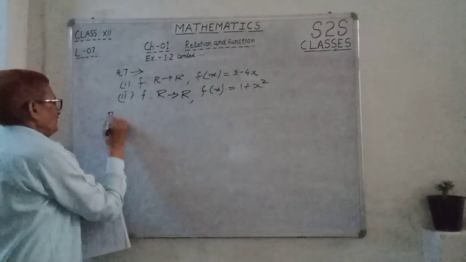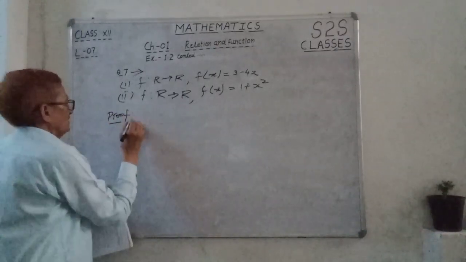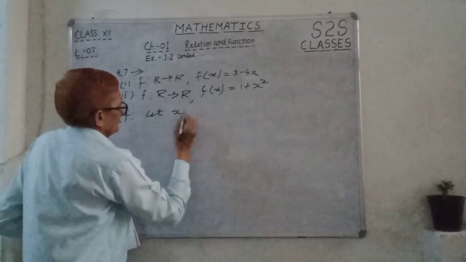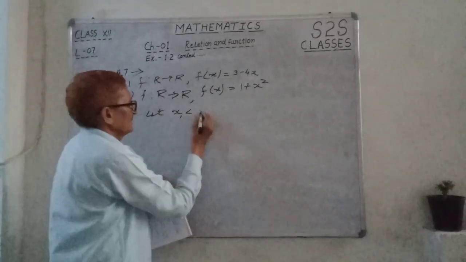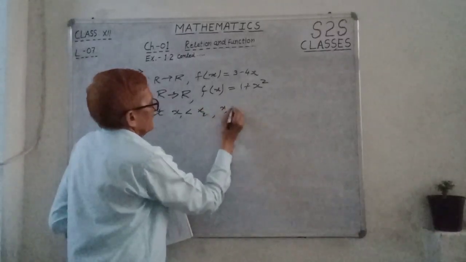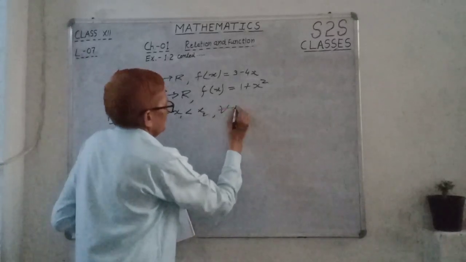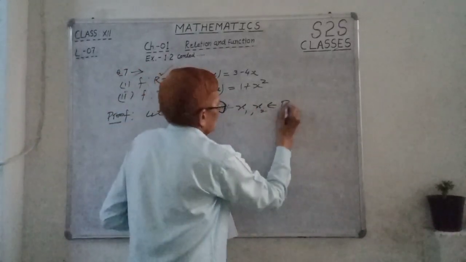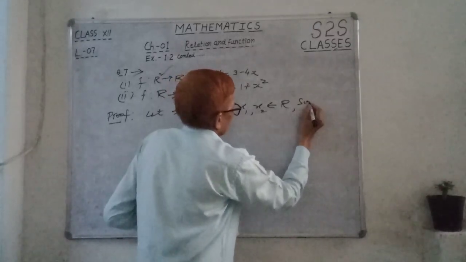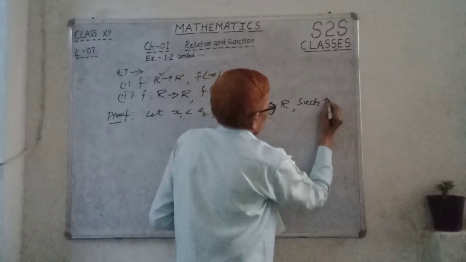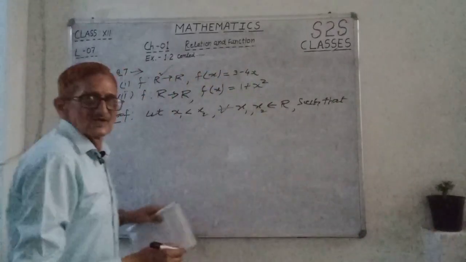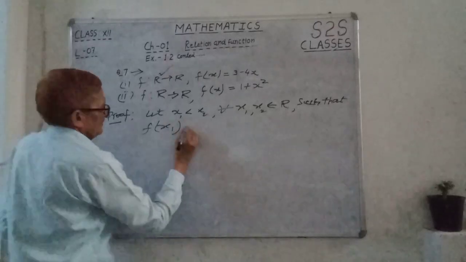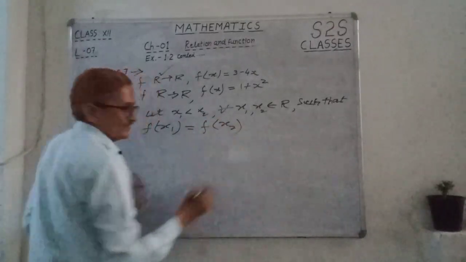Now prove: let x1, x2 with x1 not equal to x2, x1 less than x2, for every x1, x2 belonging to the domain set, which is the real number set, such that the image at x1 is equal to the image at x2, f(x1) equal to f(x2).